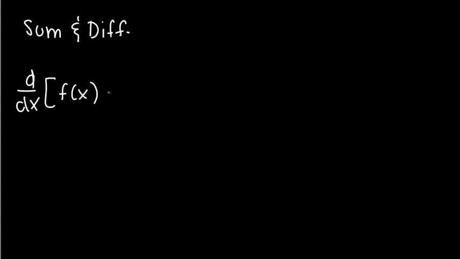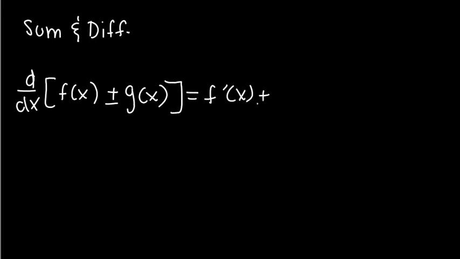Basically, the derivative of f of x plus or minus g of x, so this is sum and difference, is equal to f prime of x plus or minus g prime of x. If you're adding the functions, you add the derivatives, and subtracting them, you subtract. f prime means the derivative, basically.